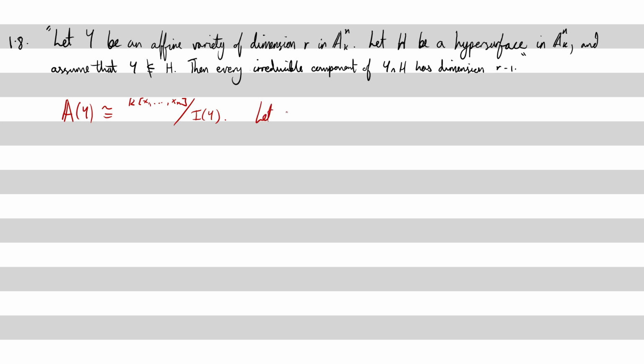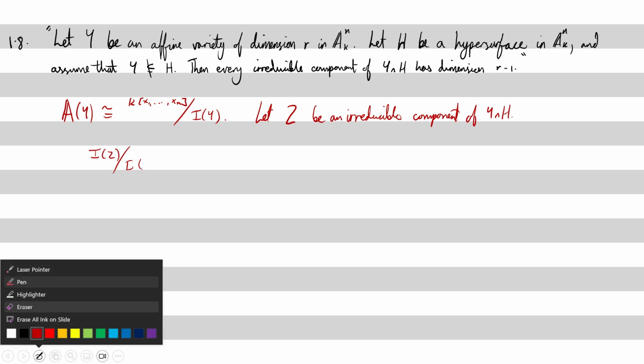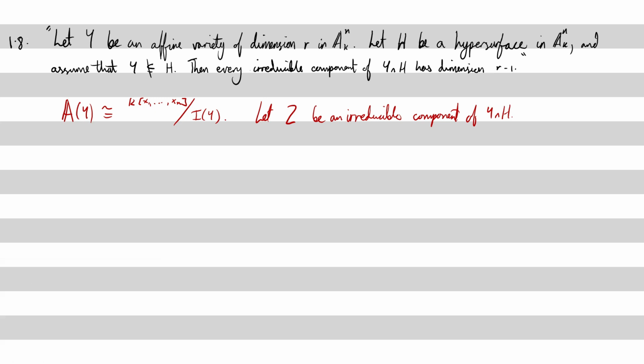Now let Z be an irreducible component of the intersection of Y and H. Now, by the third isomorphism theorem, we have the ideal generated by Z over the ideal generated by Y. The ideal generated by Z contains that generated by Y and that generated by H, because Z vanishes wherever Y and H vanish.